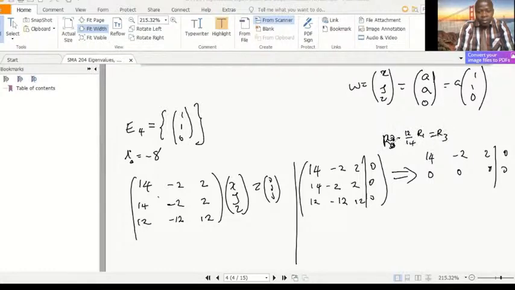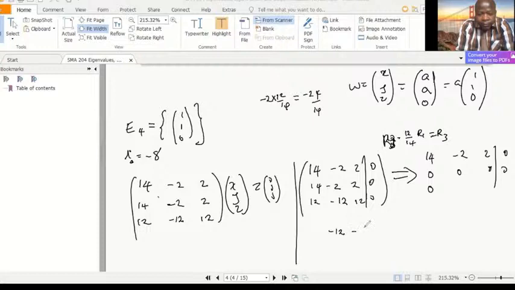The new row 3, we take the old row 3 minus 12 over 14 times row 1. So this by 12 over 14, this is 12, and separately you have 0. This by 12 over 14, what do you get? You get negative 24 over 14.